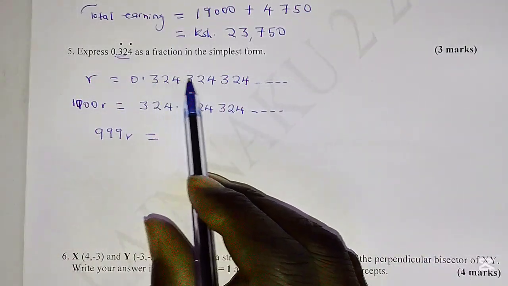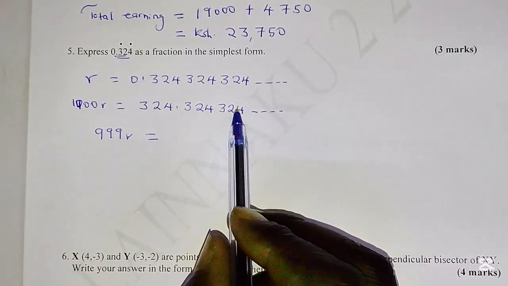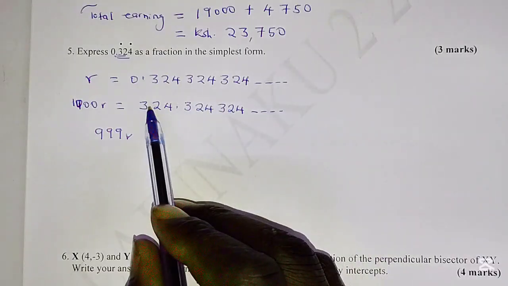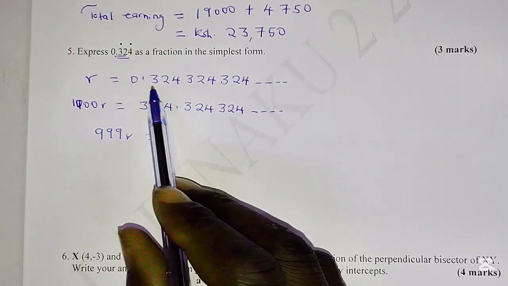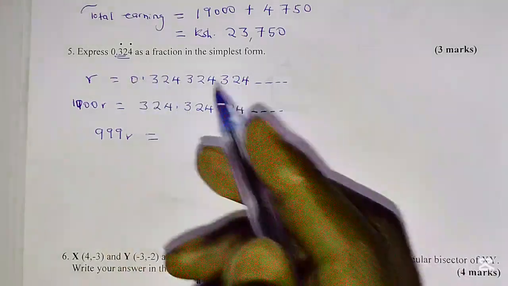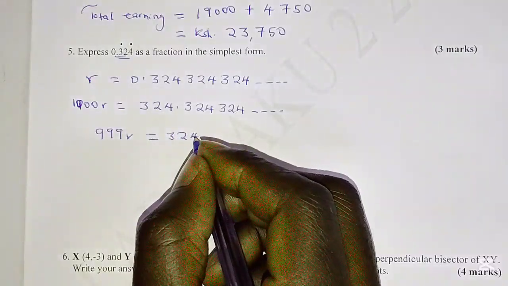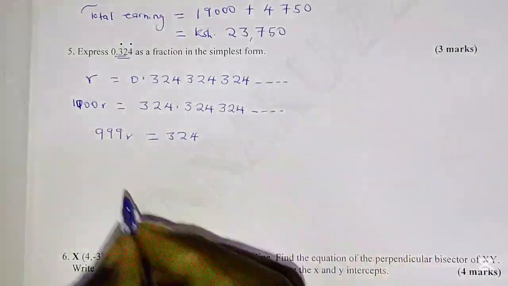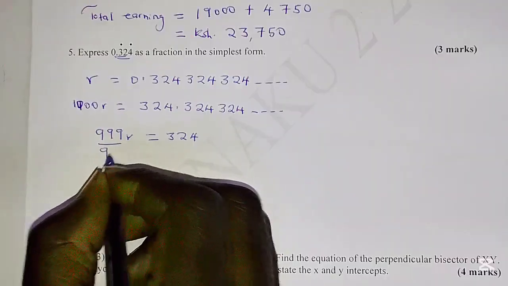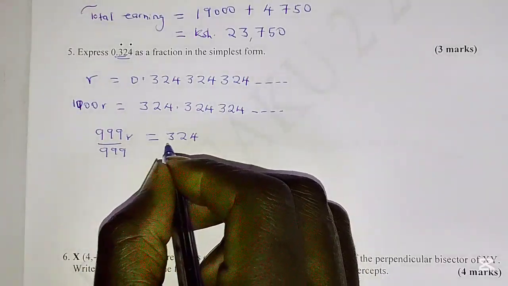Now, the decimal point part will cancel the decimal point part. So it is 324 minus 0. So this one gives us 324. Now, going ahead, we are going to divide both sides by 999.